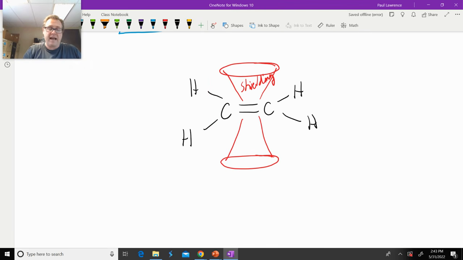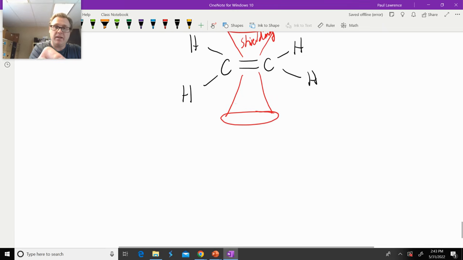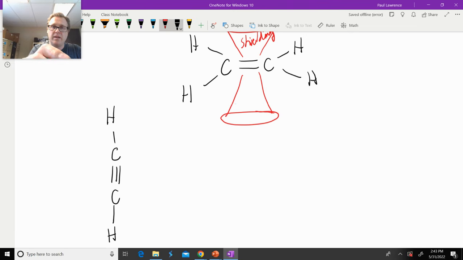But when you look at an alkyne, I'm going to draw it this way. It generates a cone that looks more like this.